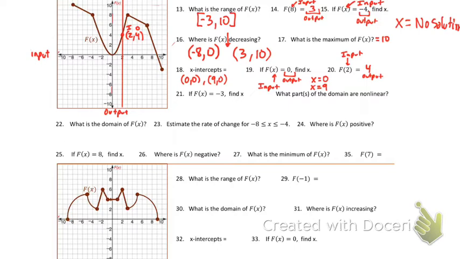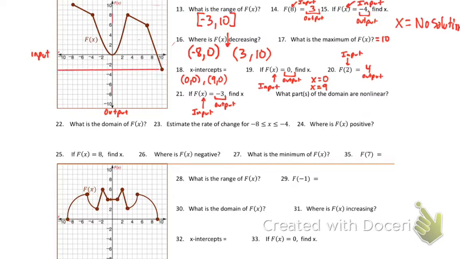21. Again, same idea. My output is -3. I need to find my input. Okay, so I'm going to go to my output line now, which is my vertical line. So here's my output line, and we're looking for -3, which is right here. So I'm going to put a line through -3.